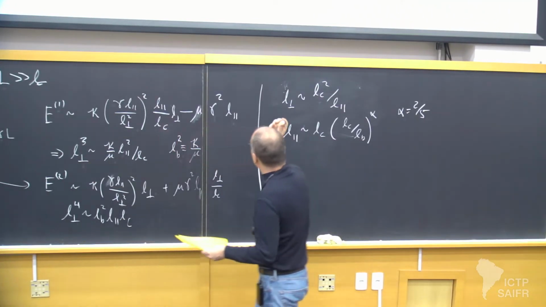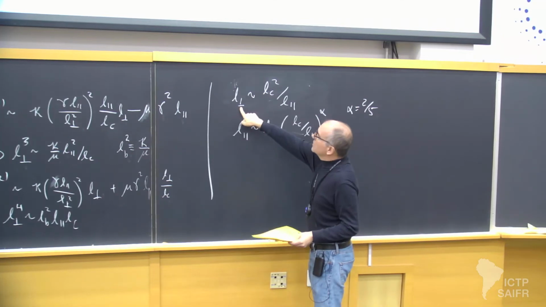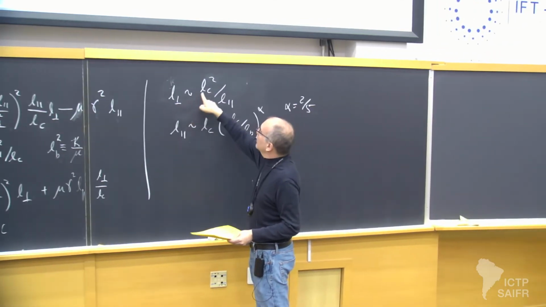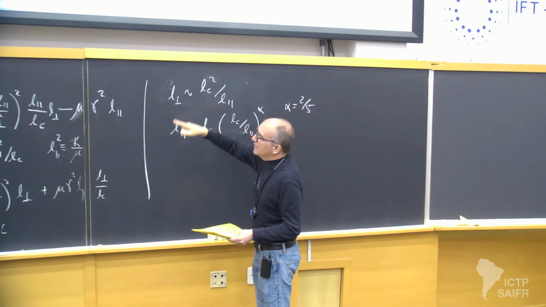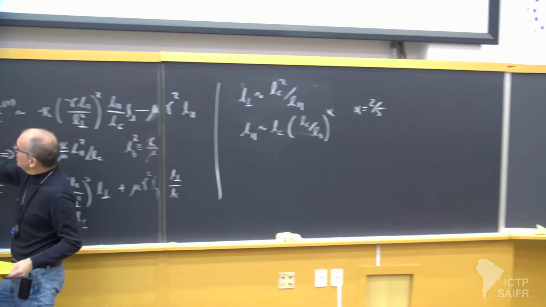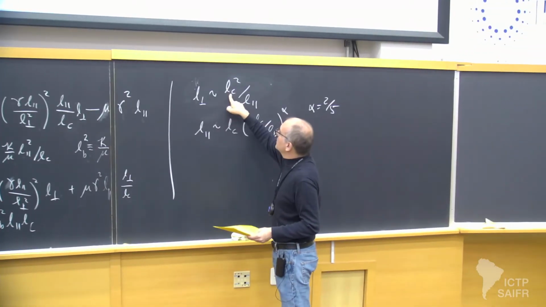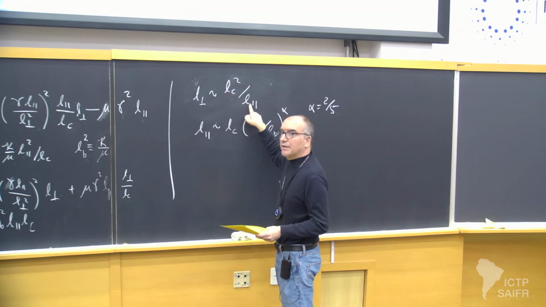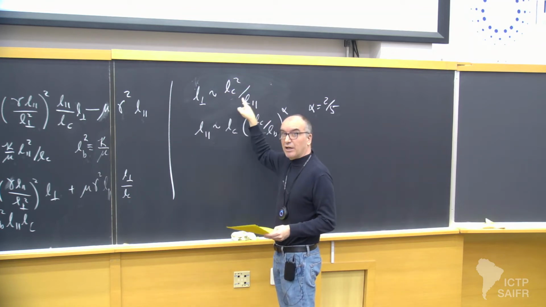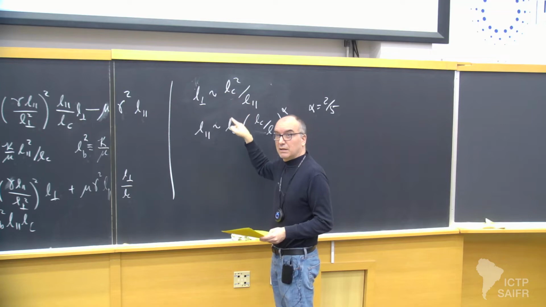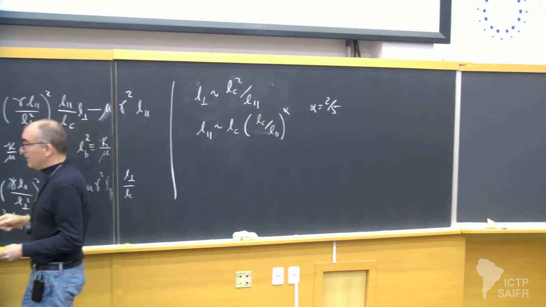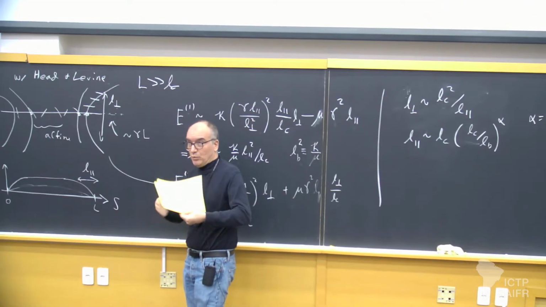Let me just point out one of them. Notice this says that the perpendicular length, that's the length of these bends here, should be proportional to LC squared divided by L parallel. This is a length I claim could get large, right? In fact, I'm going to find it gets really large for weak bending energies.